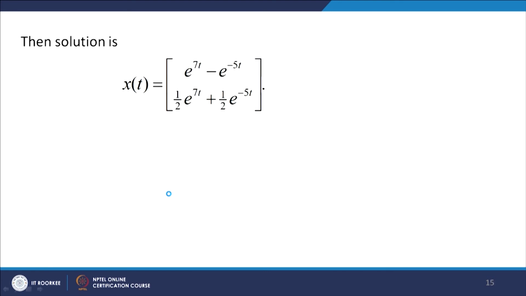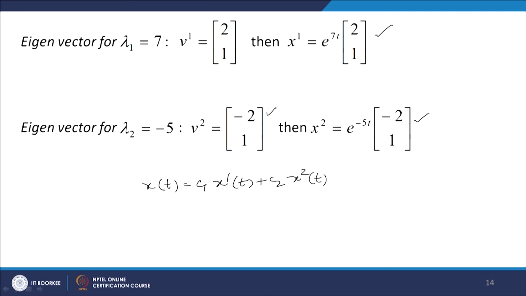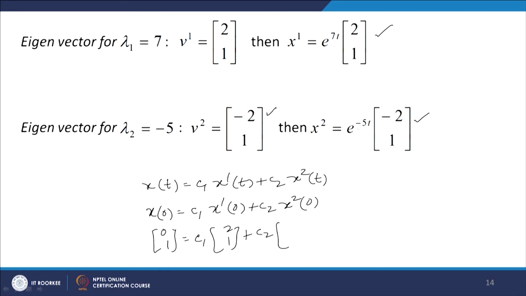So put t equal to 0 here: x(0) equal to c1 x1(0) plus c2 x2(0). x(0) is given to be (0, 1). So (0, 1) equal to c1 times x1(0), which when you put t equal to 0 you get (2, 1), and then c2 times x2(0), which when you put t equal to 0 you get (minus 2, 1).